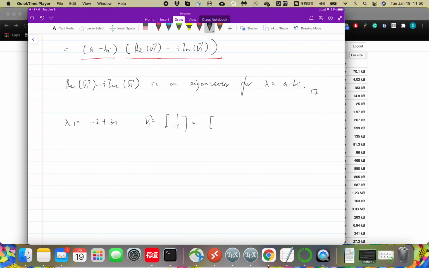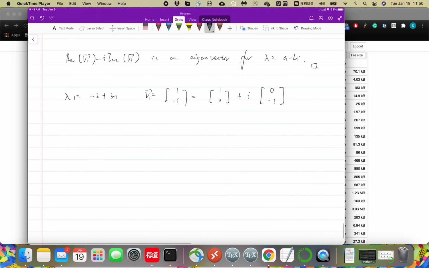Which equals 1, 0 plus I, 1, negative 1, 0, negative 1. Okay, then we automatically know this one is going to be v2 equals 1, 0 minus I, 0, negative 1, okay, which is going to be 1i. So that's what we got.